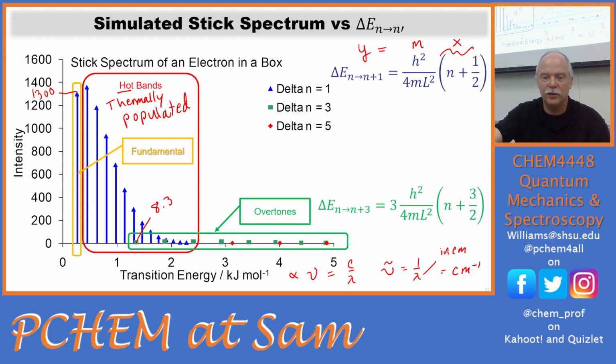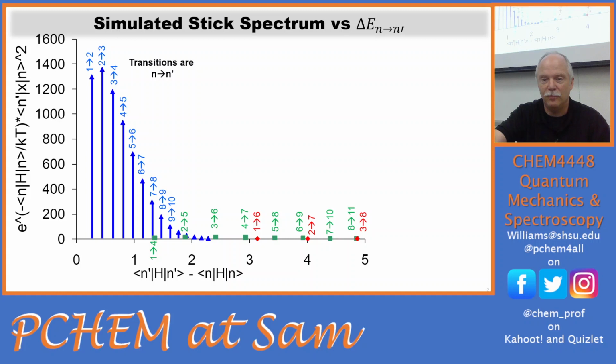This is the equation for the overtones. Notice they're also linear, or equally spaced, in n. It's linear in n, but we have this factor of 3 here. And so the spacing is bigger, and you can see that. It's 3 times bigger. And then for 5, it's like 5 times bigger. So here is what we would call an assigned spectrum.